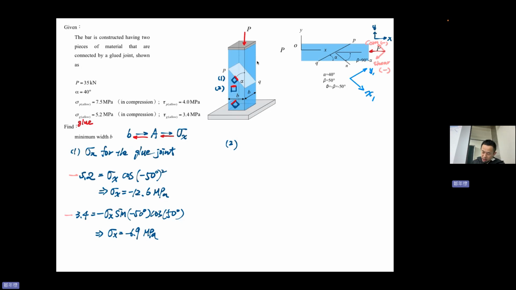Okay, so sigma x for the material, not for the glue joint. Glue joint is for 40 degree, right? Or minus 50 degree.